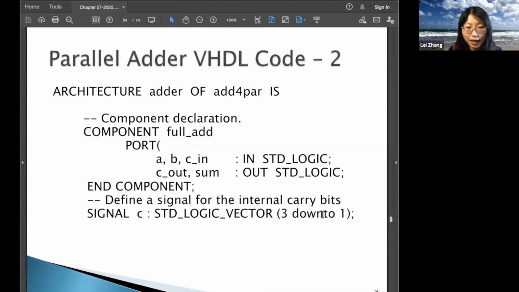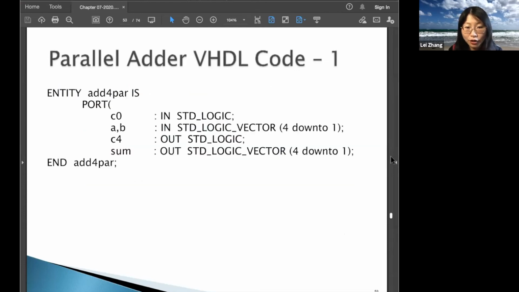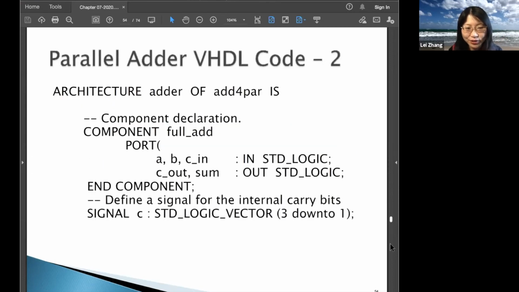So this is a 4-bit. 4 down to 1 is actually 5-bit. Think about it. We need 4-bit adder. Why do we need a 5-bit? That's because we have a carry out bit to take care of. Okay, so that's why we have the 5-bit defined here.